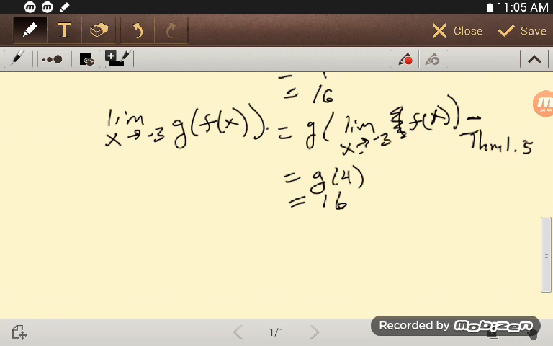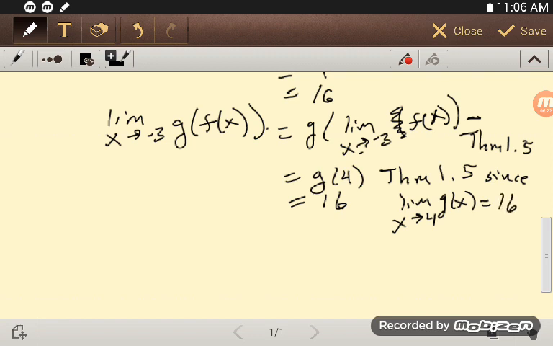But then we sort of used theorem 1.5 again here, since the limit as x goes to 4 of g of x is equal to 16. So we had to know that that limit existed, but we saw that up in part B.